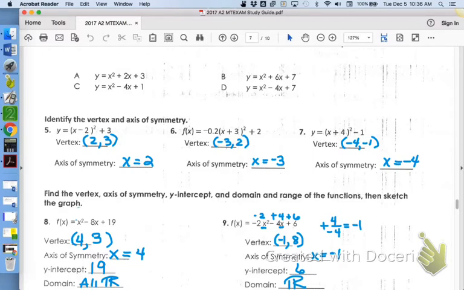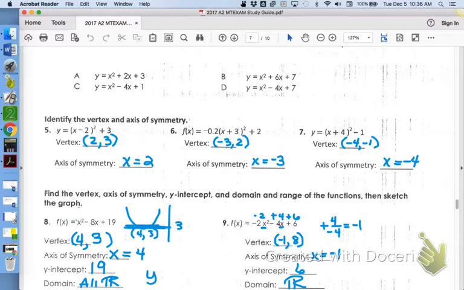The range is the y value, and this is going up. So you might want to draw a picture. This is a parabola that is going up because a is positive. The lowest point here is 4, 3. So the y values are going to be 3 or more.